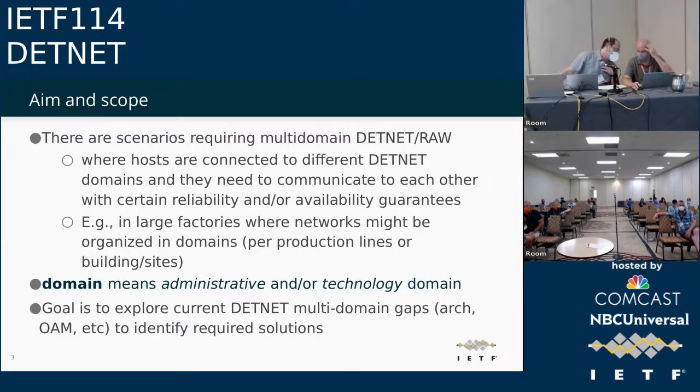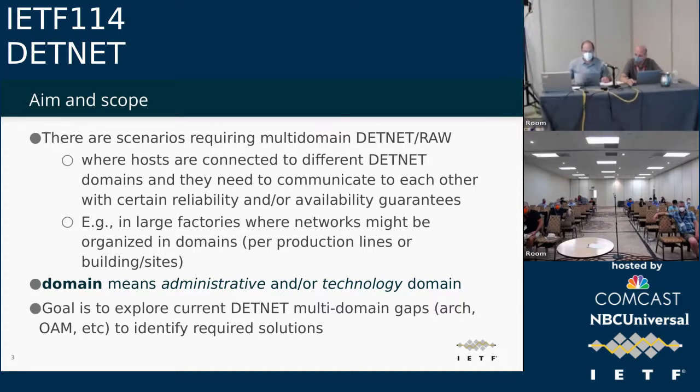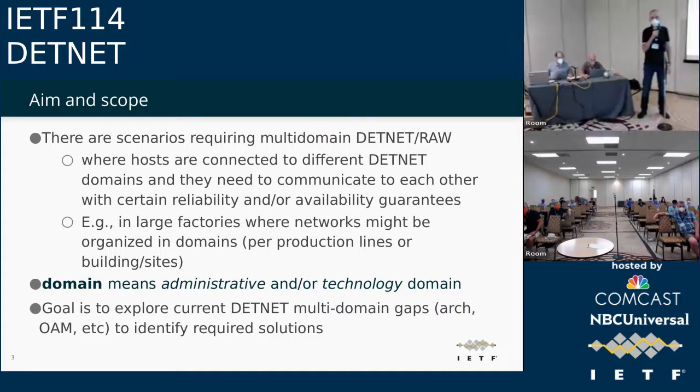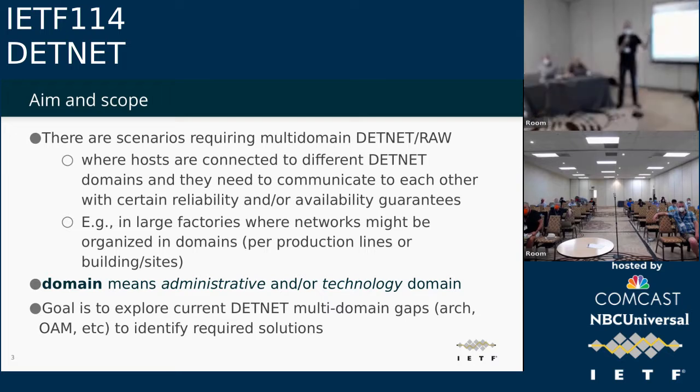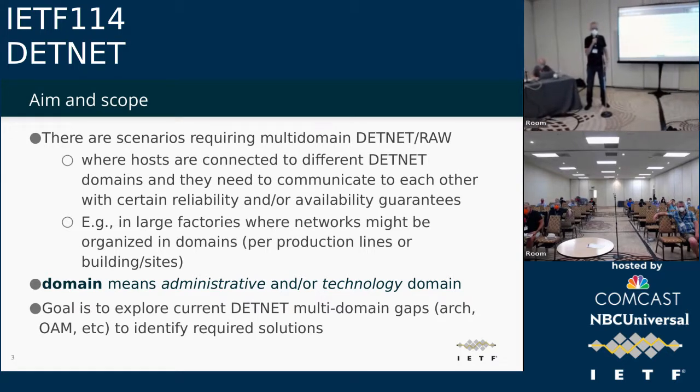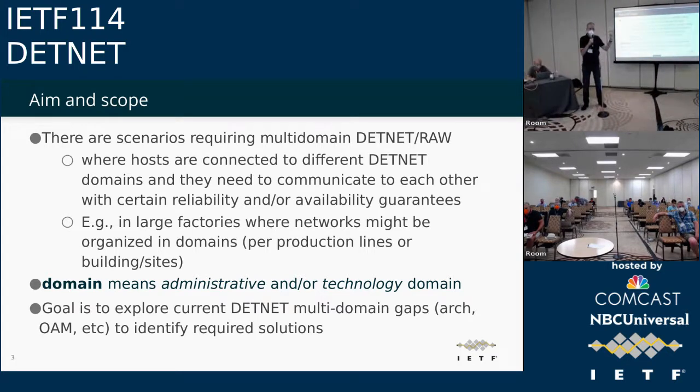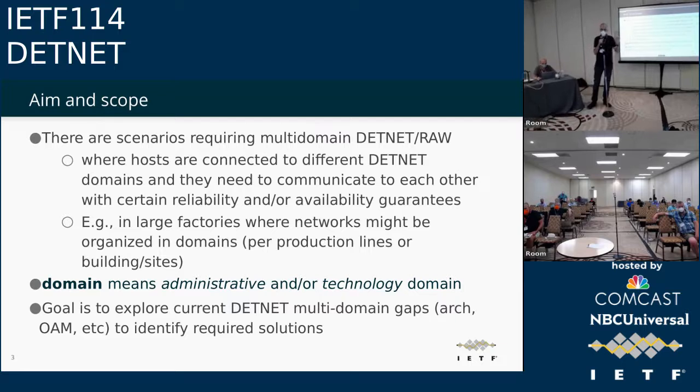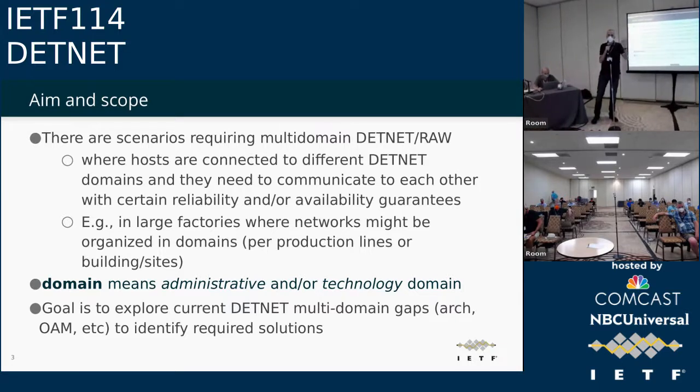So there are different scenarios where we need to have multi-domain support, where we have, for example, one host connected to a domain that is connected to a different administrative domain, and then there is another host there. In the draft we list some use cases where this may happen. One important clarification is that by domain, we mean administrative domain and or technology domain.